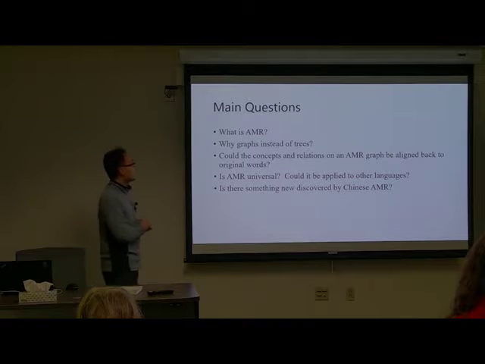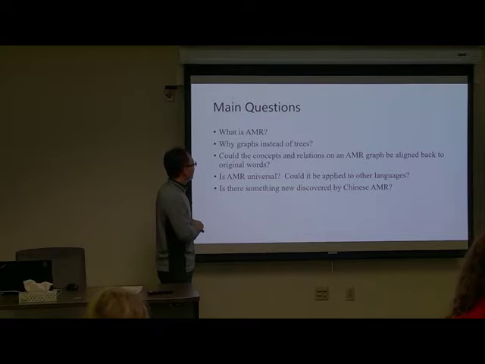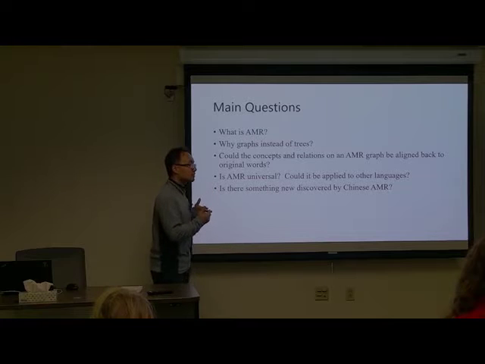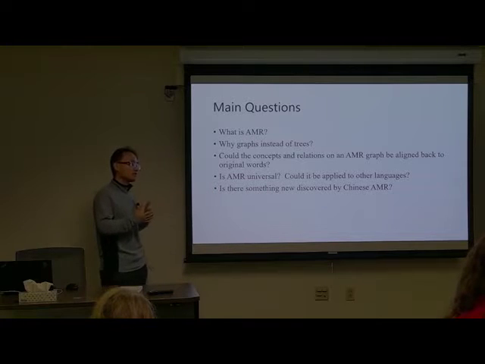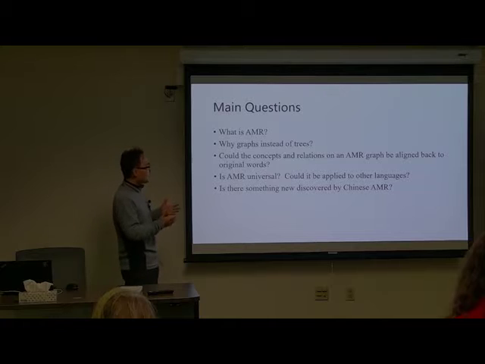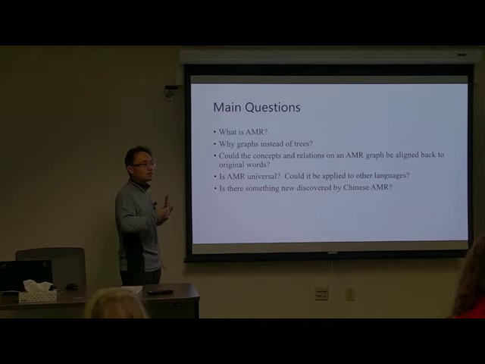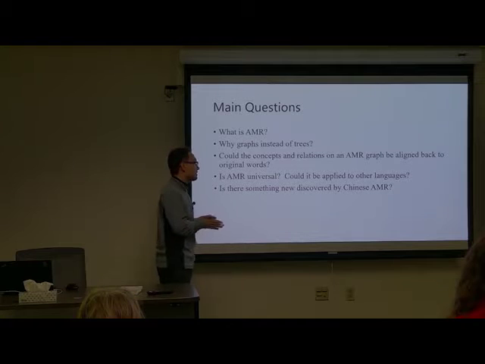So basically, AMR tries to give a semantic representation of the sentence. So why do we need this? Why do we need the graph structure? Why do we need it semantically?